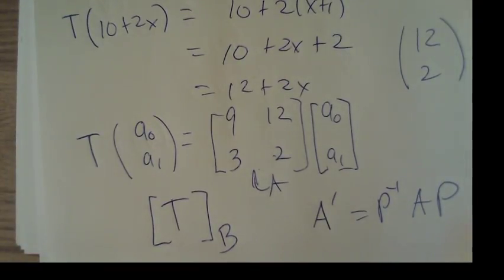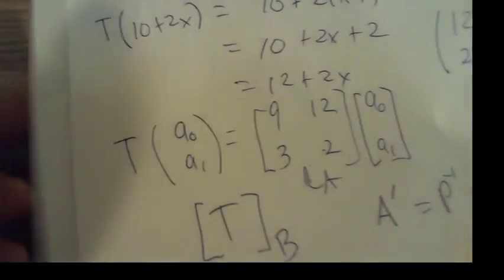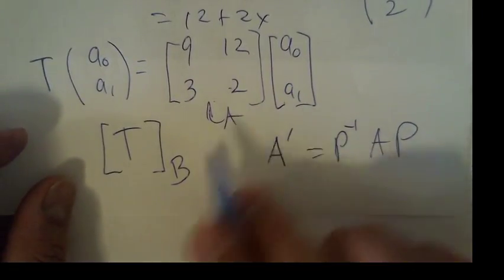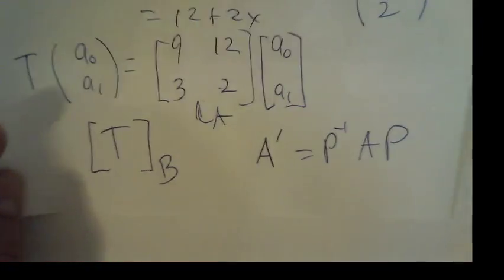Okay, any questions so far? So now we need to find the change of basis. Let's take a look at this. If this is relative to my basis B, what I would like to do next is look at the other basis vectors.